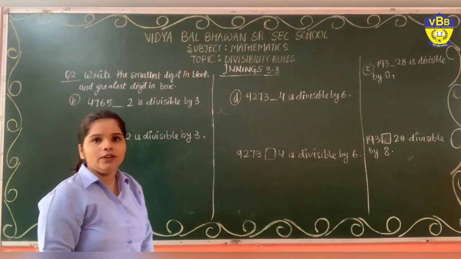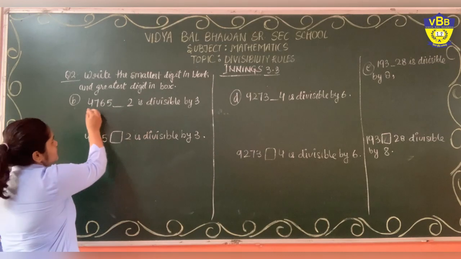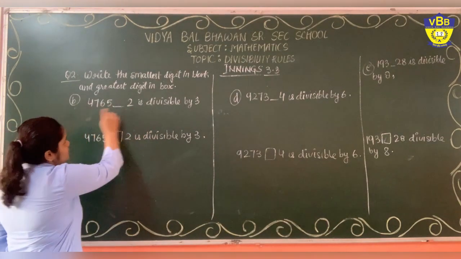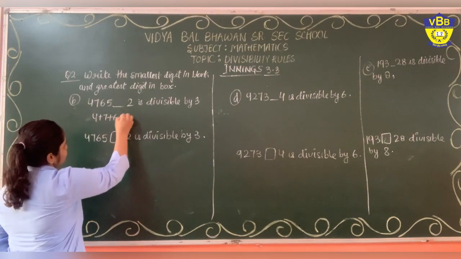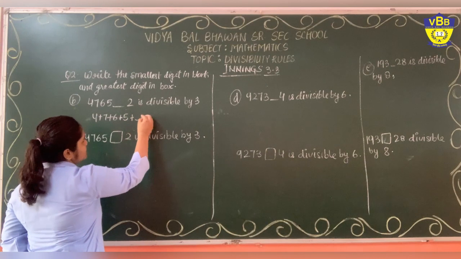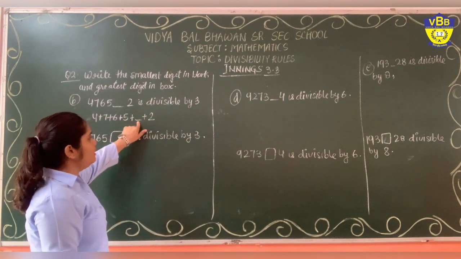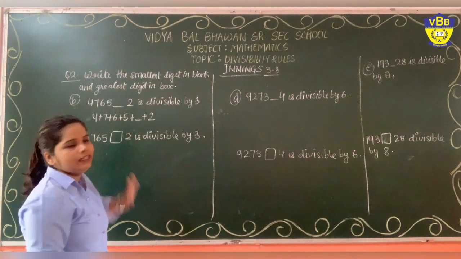Follow the rule of divisibility of 3, which says the sum of the digits should be divisible by 3. Do the sum of all the digits: 4 plus 7 plus 6 plus 5 plus the blank. You have to write the smallest digit here so that the sum becomes completely divisible.